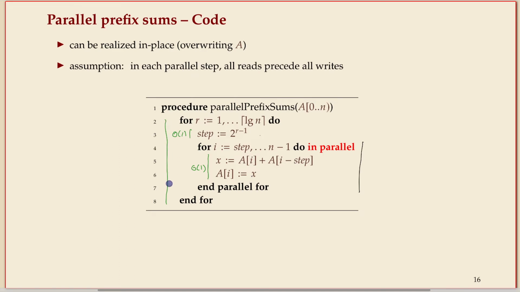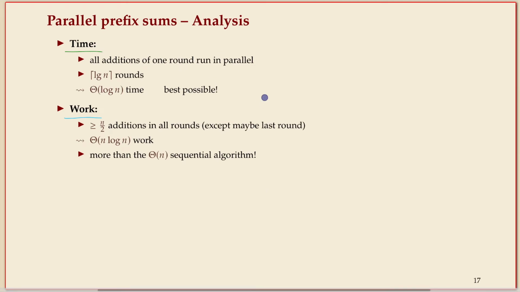So what does that mean for the overall loop? It's log n times constant. So we have log n overall. That's the time. OK? It will turn out that this is basically best possible for this problem, at least for some of the parallel models.